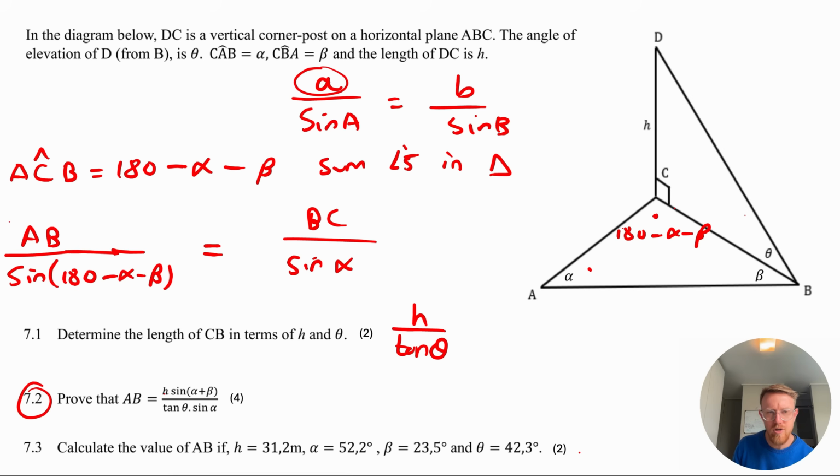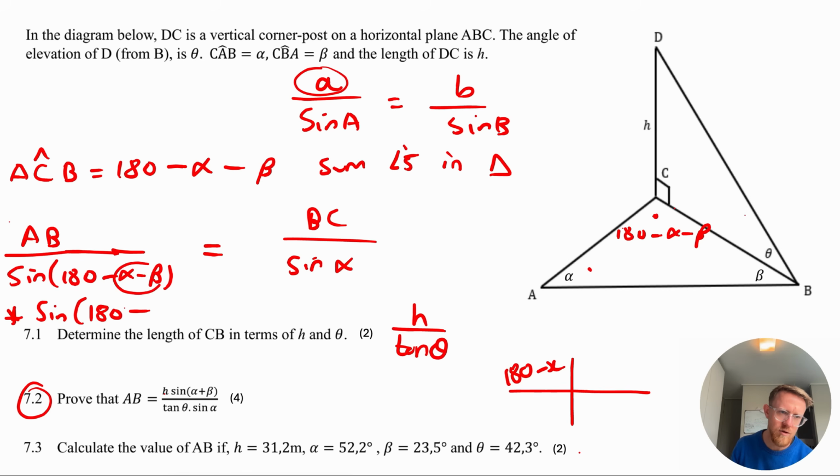Now have a look at this area here. On CAST diagrams, we know exactly what to do if we have 180 minus x. But this isn't 180 minus x, this is 180 minus something. So we need to modify this a little bit. The way you do it is you take out a negative as a common factor from these two.